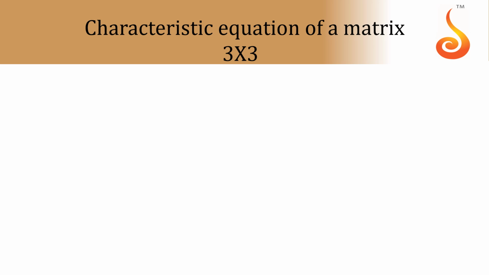If you have a 3 by 3 matrix, then you will have lambda cube minus S1 lambda square plus S2 lambda minus S3 equal to 0.